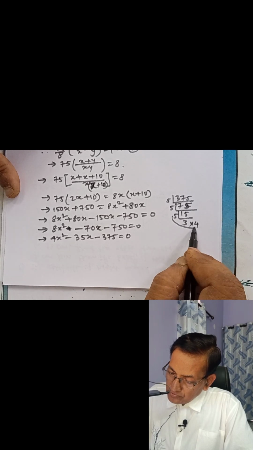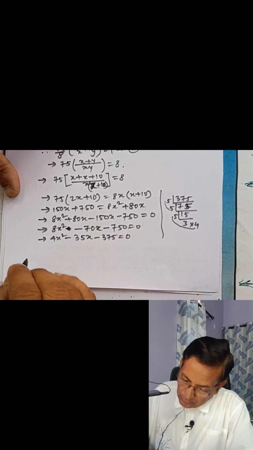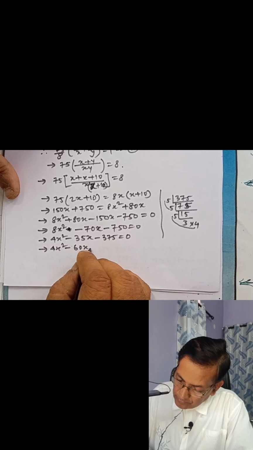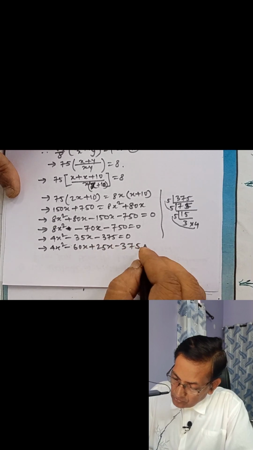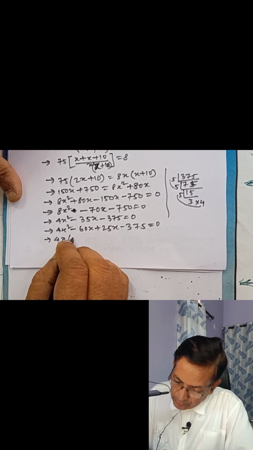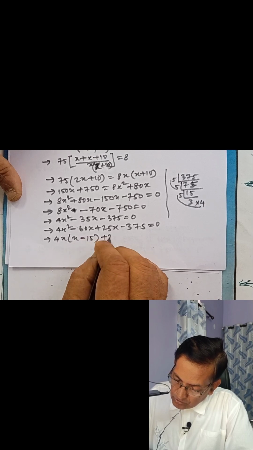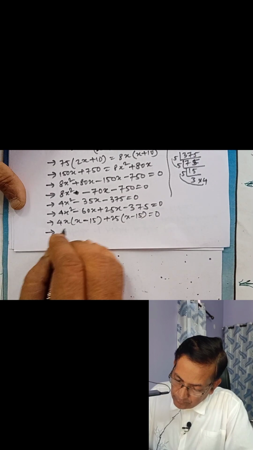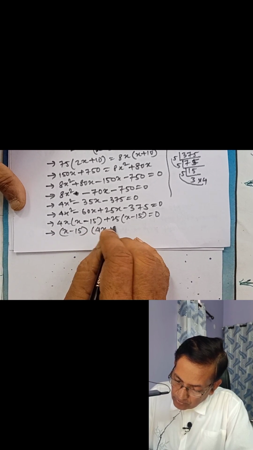This is 60 and 25. So 4x square minus 60x plus 25x minus 375 is equal to 0, or 4x (x minus 15) plus 25 (x minus 15) is equal to 0, or (x minus 15) into (4x plus 25) is equal to 0.